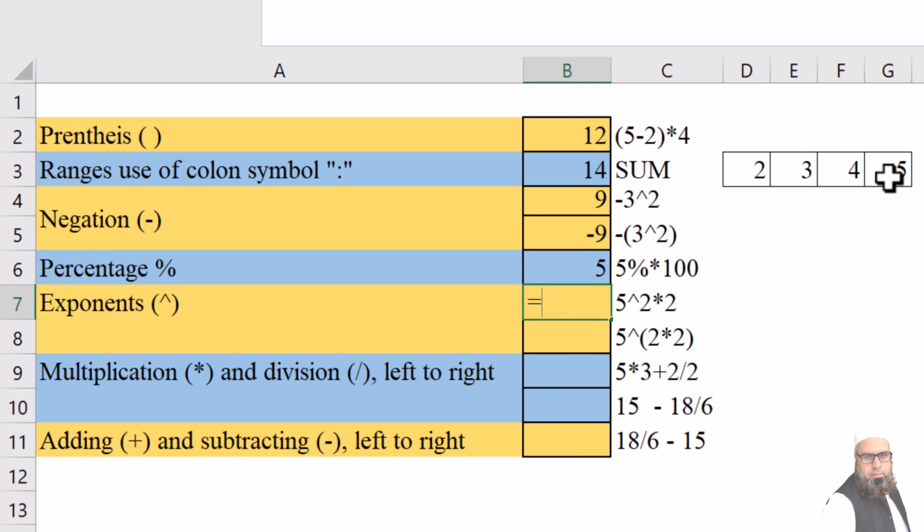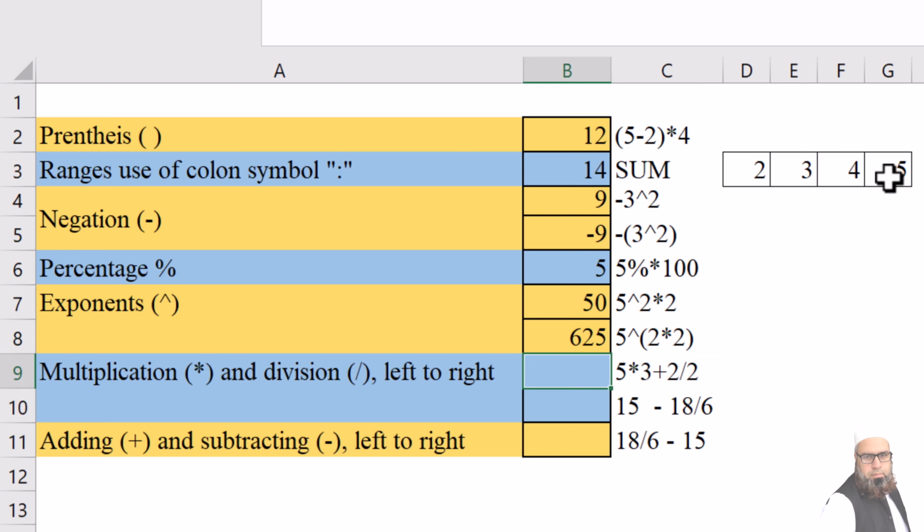Microsoft Excel will first solve the exponent and then multiply by 2. 5 raised to power 2 is 25, and multiplied by 2 is 50. And if 2 times 2 is in parentheses, then Microsoft Excel will first multiply 2 times 2, that is 4, and 5 raised to power 4 is 625.